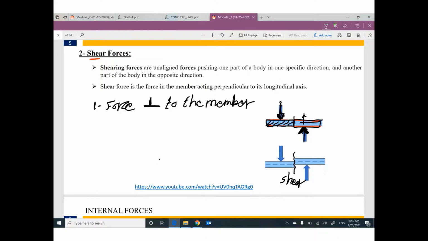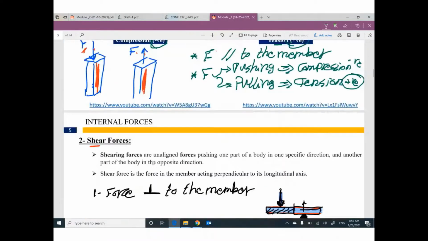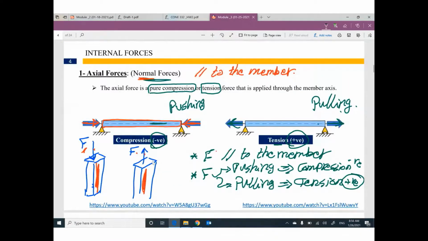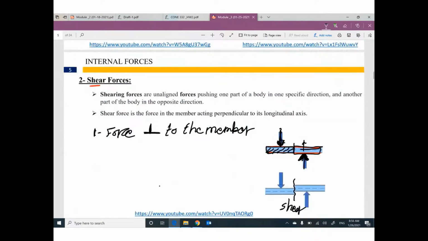Wow, this is the first difference. To have an axial force, your force must be parallel. To have a shear force, the force must be perpendicular to the member. And these forces are opposite.